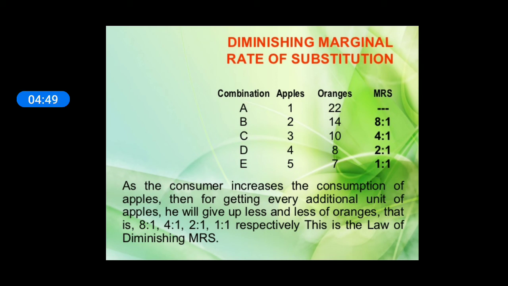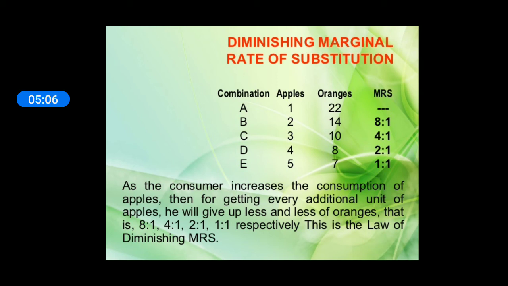And again, when he moves from B to C combination, to consume 1 more unit of apple, he sacrifices 4 units of orange. It means he substitutes 4 oranges for one more unit of apple.